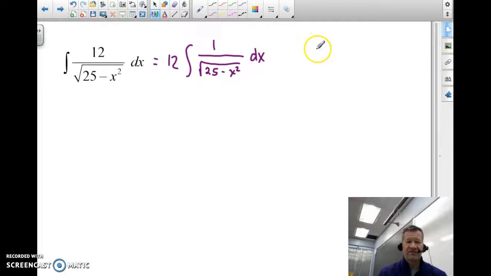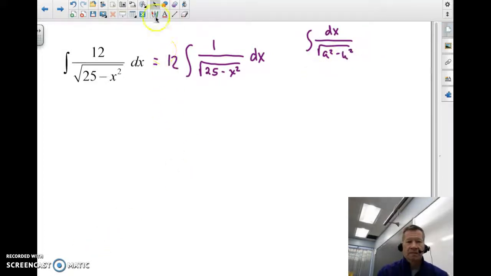Now, the antiderivative of an inverse sine function of this form. So if I wanted to know what is the antiderivative of the square root of, instead of just a 1, a squared minus, and let's say this was something besides an x, let's say it was a u squared. Okay, I'm back. I had to take a little pause there for a second.